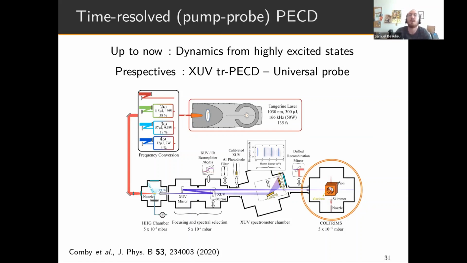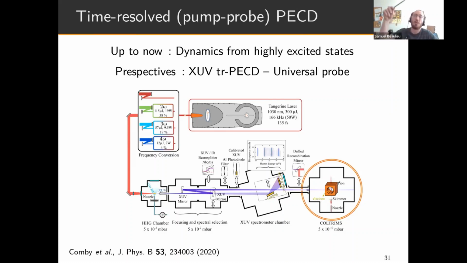Indeed, because of the high photon energy, XUV is a universal probe. So it means that you can measure time-resolved PECD in chiral molecules excited even in their low-lying excited states using a single photon XUV photoionization.